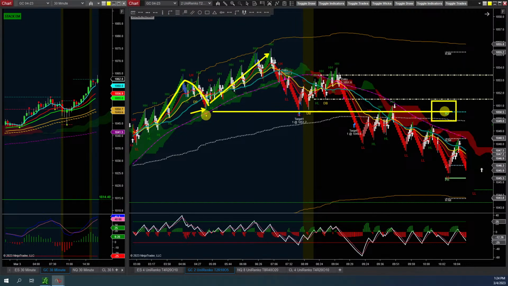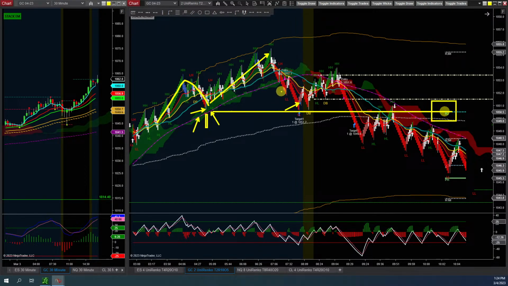So there was a rejection of this moving average, which is the smooth 50, or 50 of 50. Okay, so then it started to bounce, and it was before the market opened, so that was good enough for me.